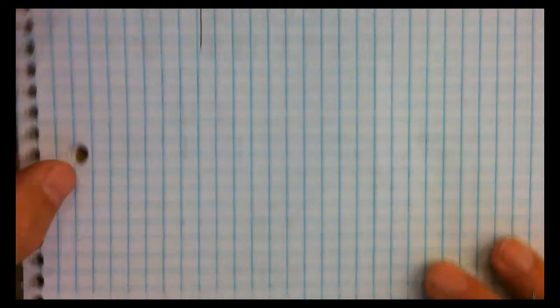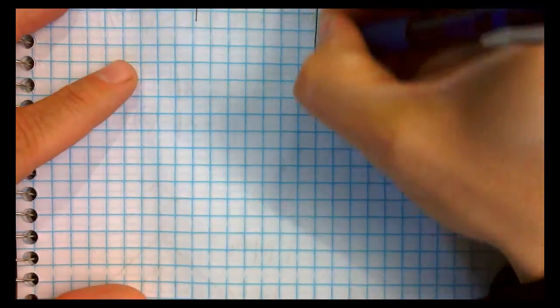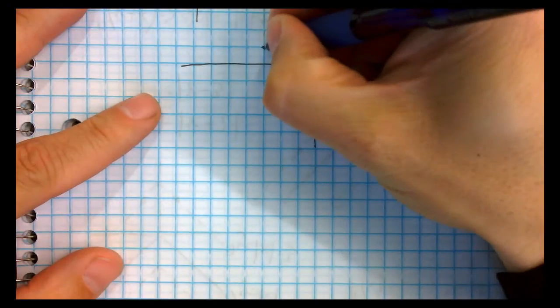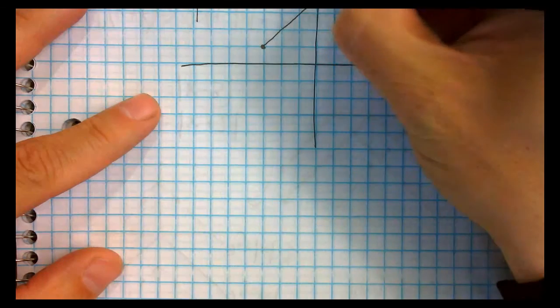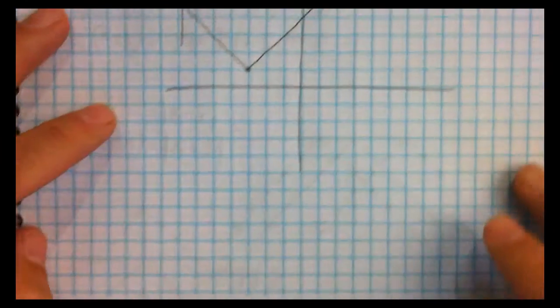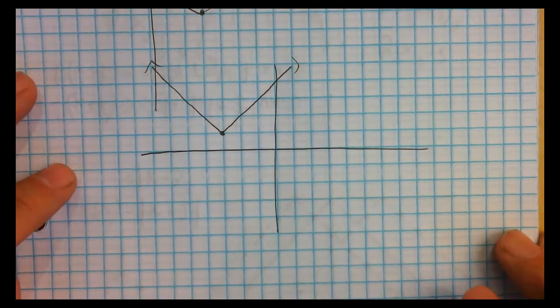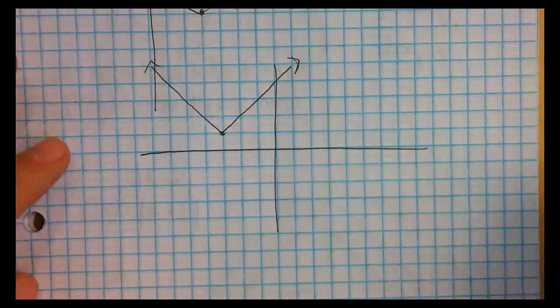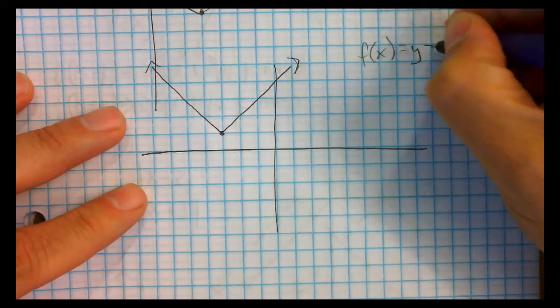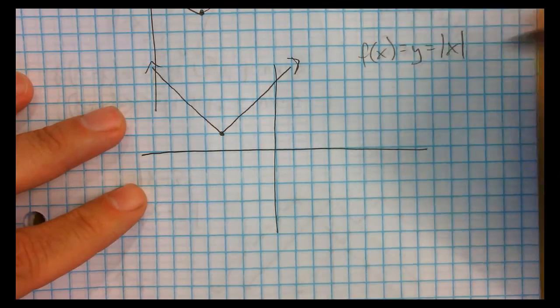Likewise, if I have an absolute value, right, and say, for example, it starts out here, it goes over like this, well, what does that look like? It looks like y equals absolute value of x.